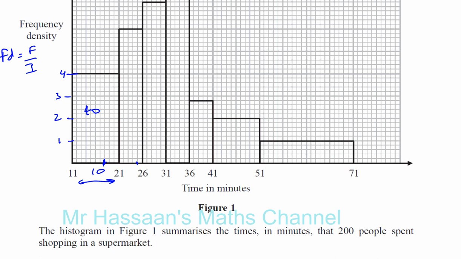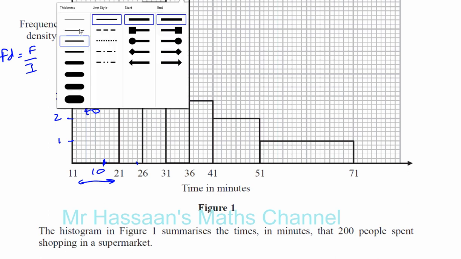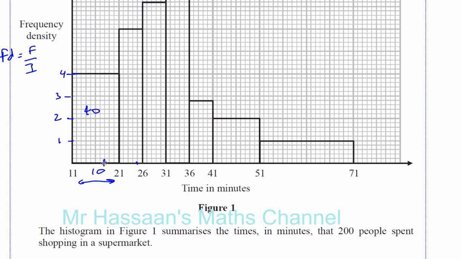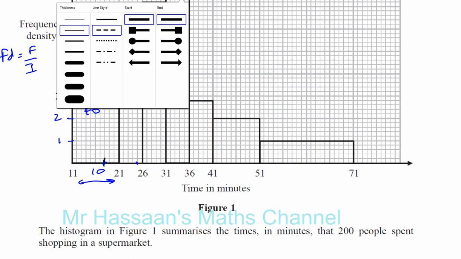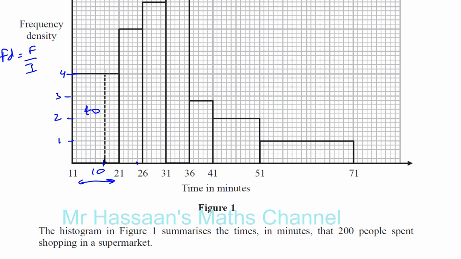So let's just make some lines here, up like that. Let's make it dotted so that it becomes clear that it's not the same as the original. That's from 18 to 21, 25, sorry, here. So we've got to work out the area of these two bars, basically. The area of these two bars will be the frequency.